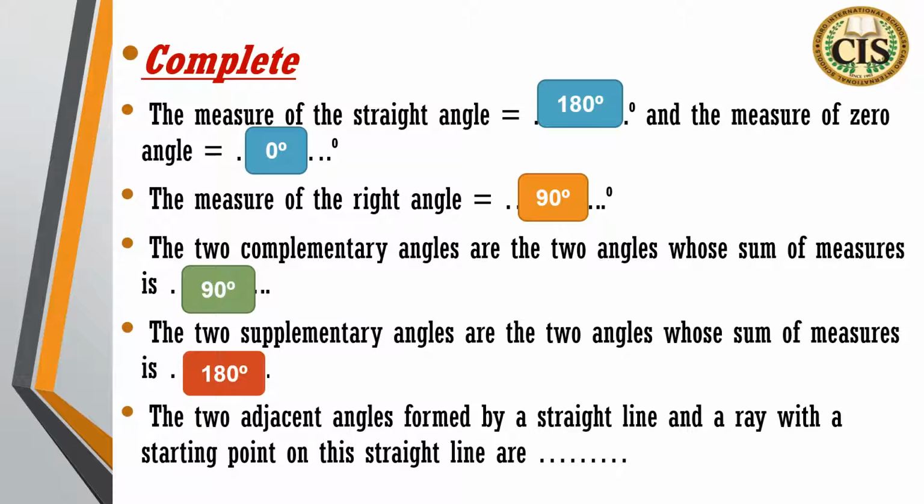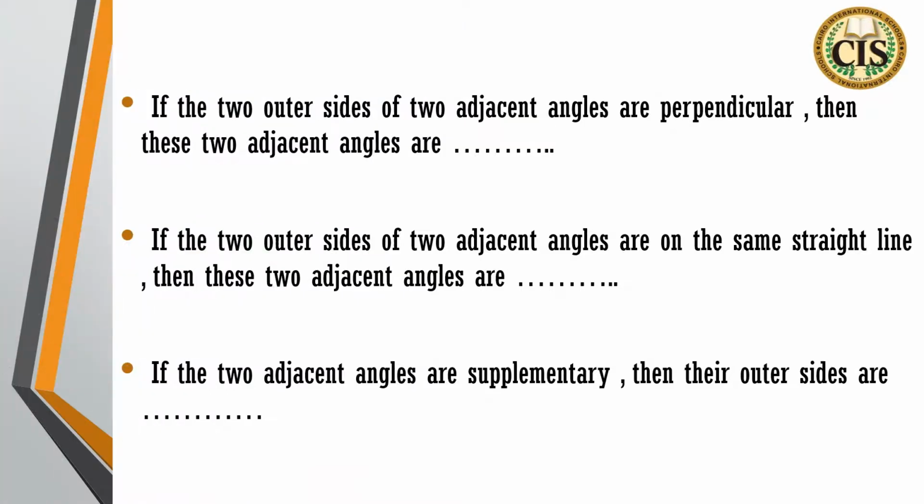The two adjacent angles formed by a straight line and a ray with a starting point on this straight line are supplementary. That's right. If the two outer sides of two adjacent angles are perpendicular, then these two adjacent angles are complementary.